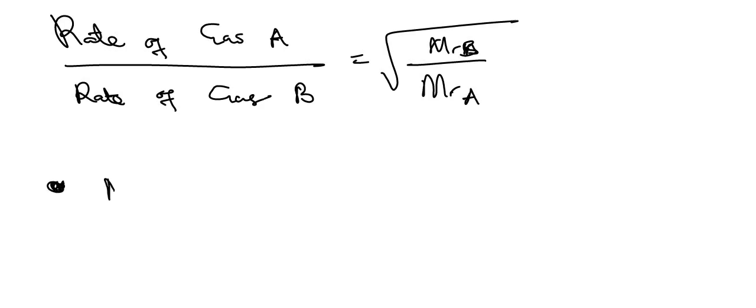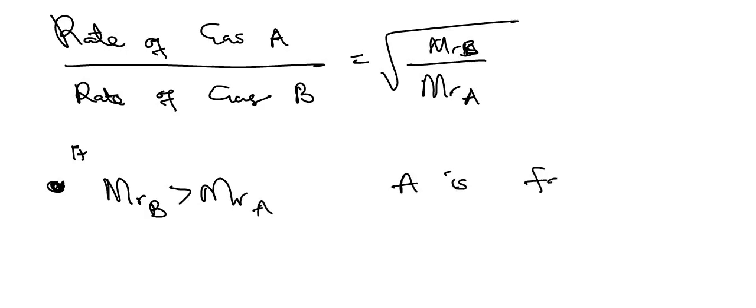So if the Mr of B is greater than the Mr of A, it means A is faster than B. So you need to expect that. Your calculations must be able to make sense. Yeah, so this is literally what you just have to know on gases, the calculations.